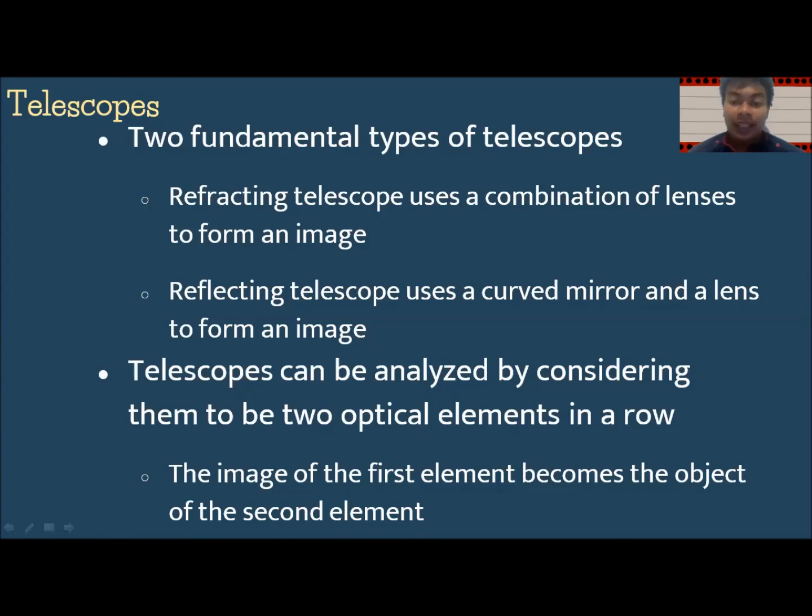Telescopes can be analyzed by considering them to be two optical elements in a row, where the image of the first element becomes the object of the second element.